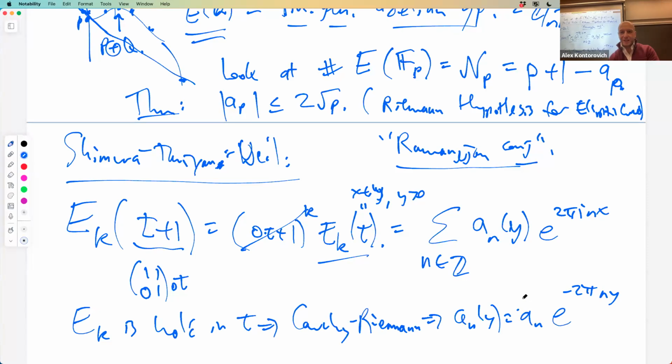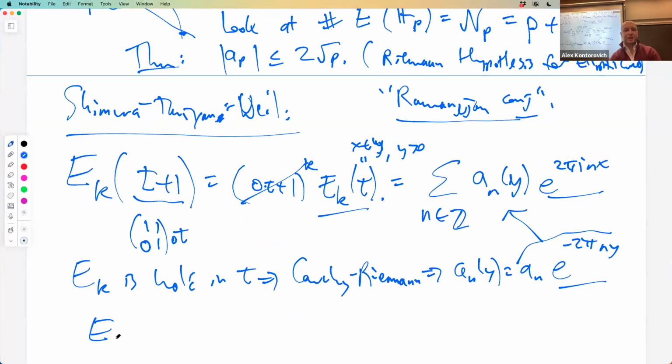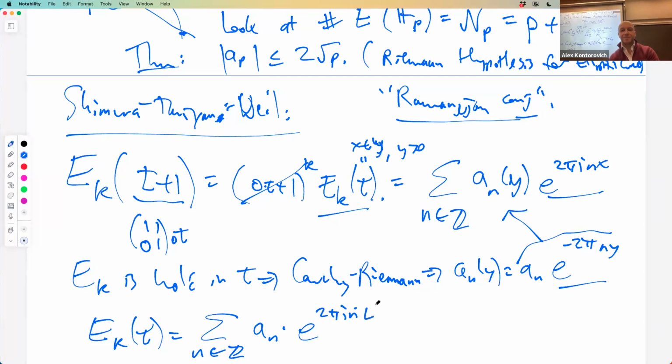In other words, if I stick this in here, then this and this together mean that there's a Fourier expansion for E, which is some coefficient times e to the 2 pi i n tau itself.